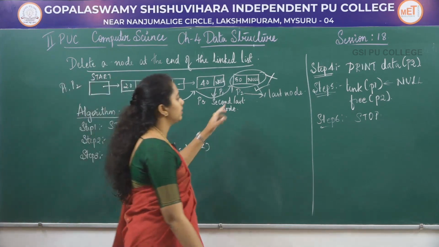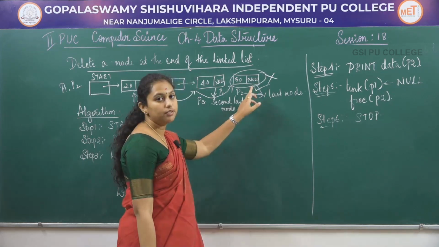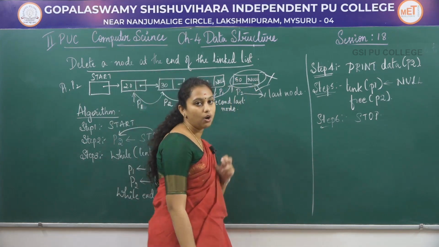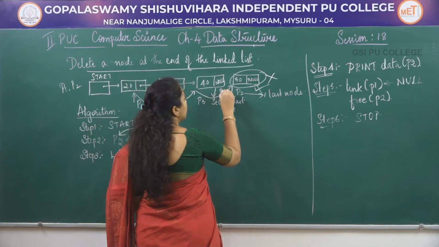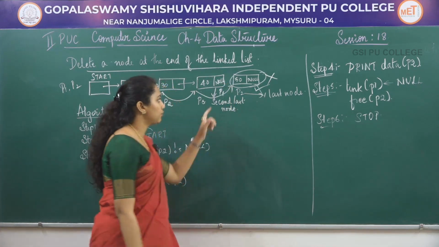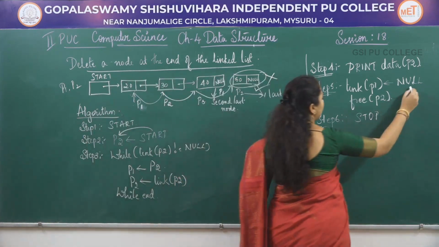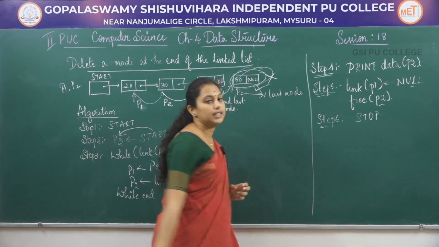When we get the null value, we are going to print the data of this node, fill null in the link field of the previous node, that is P1, and free the last node of the linked list.